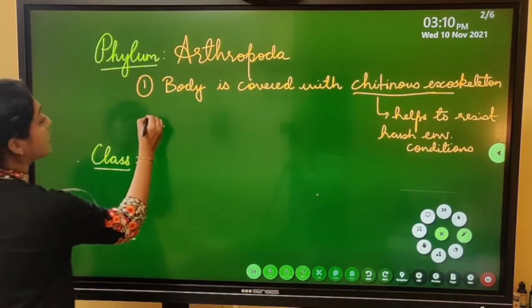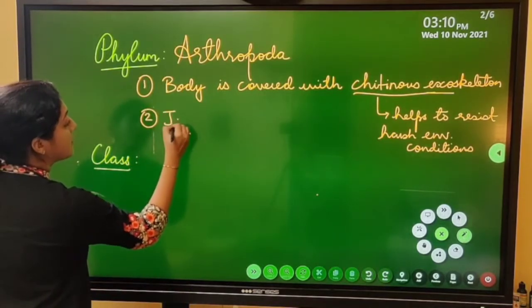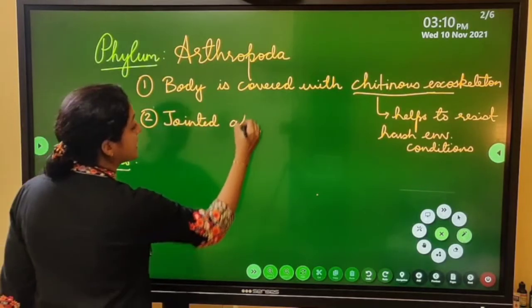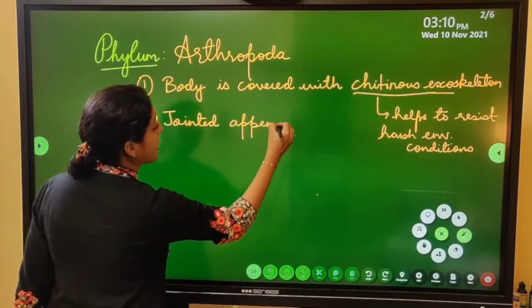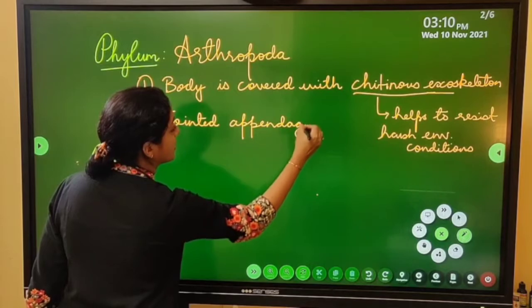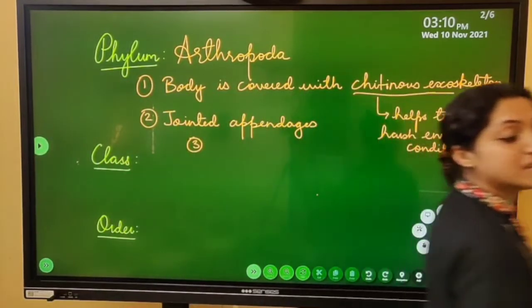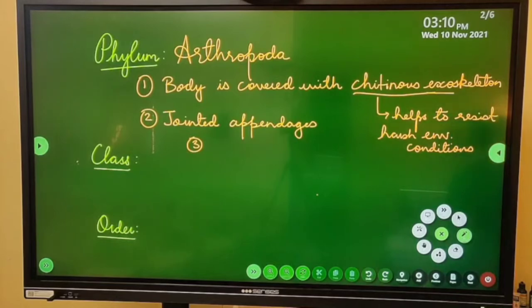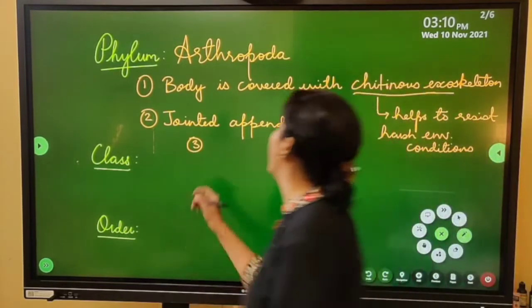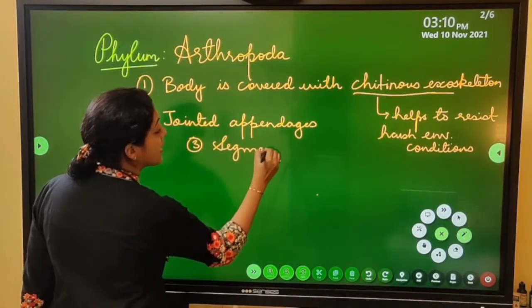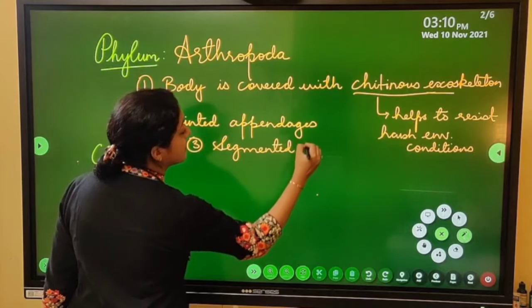The second one is jointed appendages. It is going to have jointed legs, that is jointed appendages from the body. So the second feature why it is placed in the phylum Arthropoda is jointed appendages, and the third feature is segmented body. The body will be segmented.